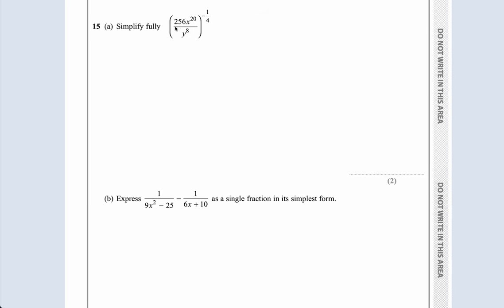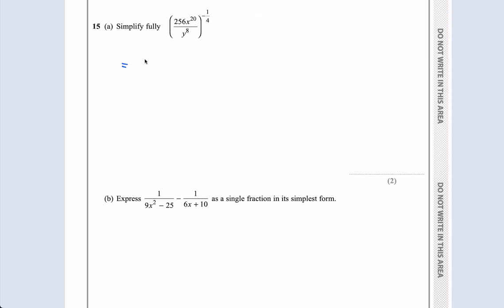Question 15. So we are asked to simplify this, and this looks pretty horrible, but if we know our rules of indices, it's hopefully not too bad. The first rule that we need to see is that all of what's in the bracket is raised to a negative power.